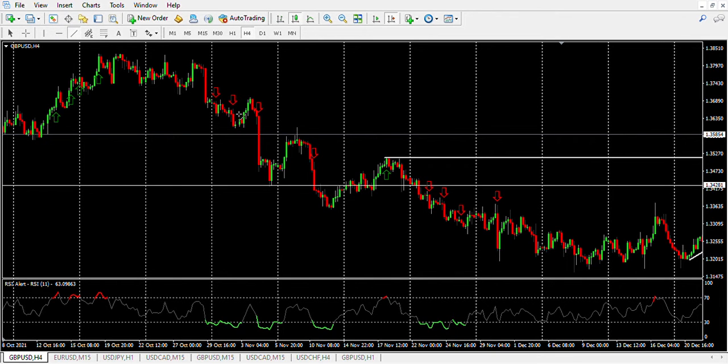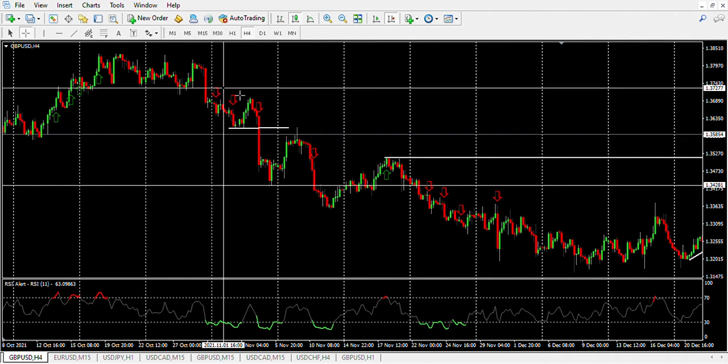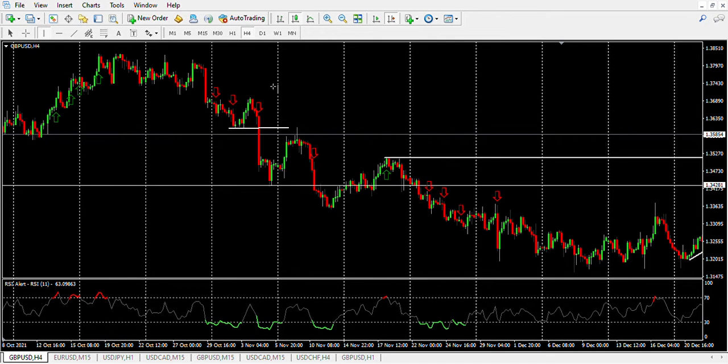So we are down. This area here was broken by this candle. So once price remains in this area here, it will tell you that we are still in the selling area, right?